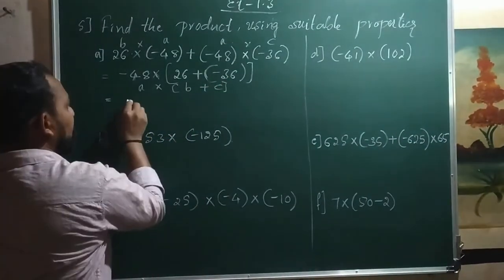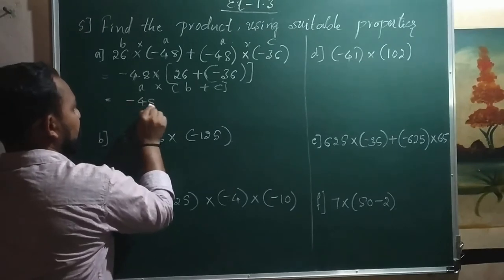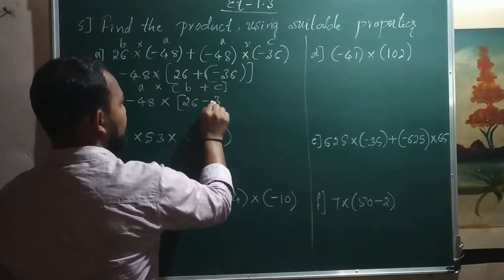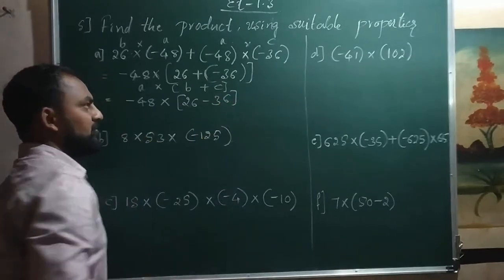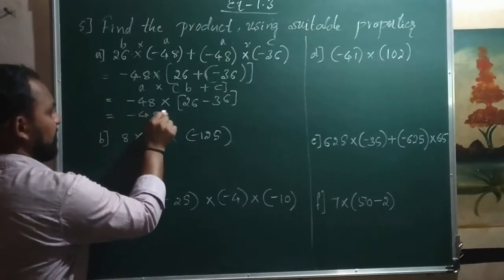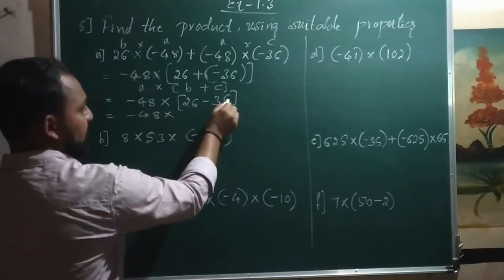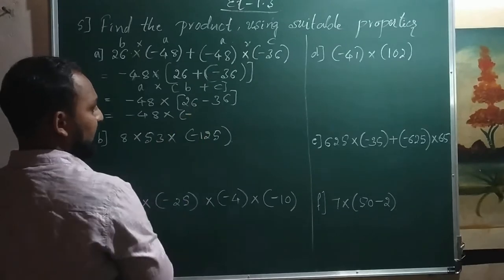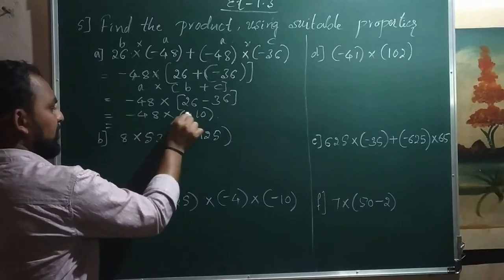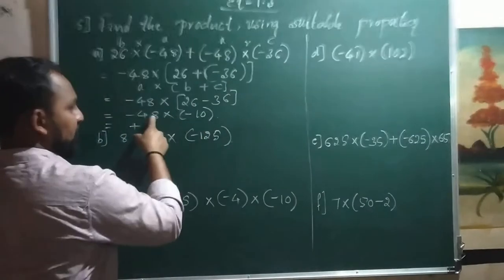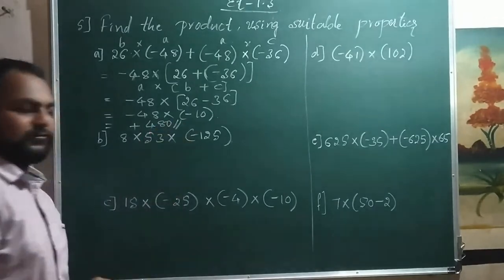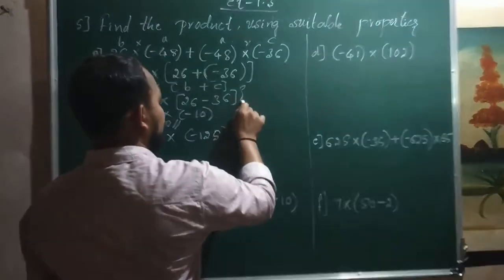Write minus 48 into 26 plus minus 36, that is minus 48 into 26 minus 36, which is minus 10. Minus into minus is plus, giving 480. Which property?